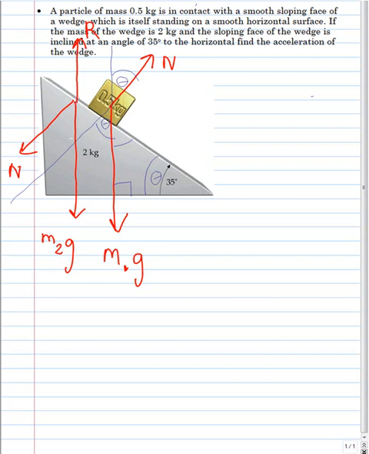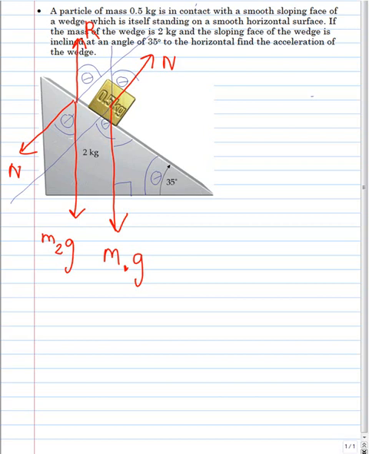Let's draw a line of action here like this. Now this makes this angle here theta, as it's parallel to N, which means that that is also theta. So we've drawn on the forces acting on the wedge and the forces acting on the block and some angles.